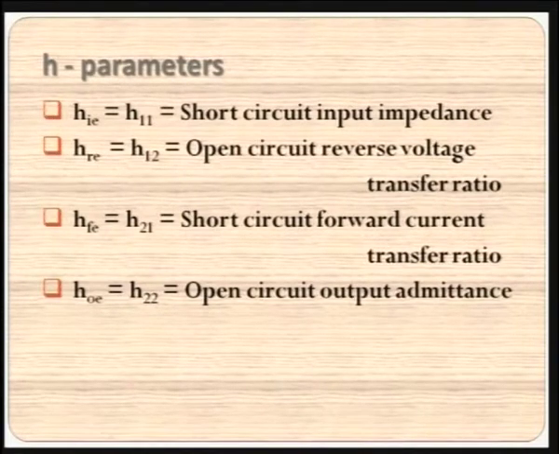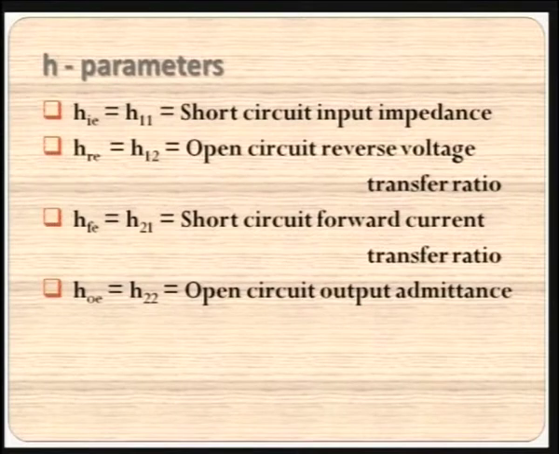HRE is equivalent to H12, which is called the open circuit reverse voltage transfer ratio, or reverse voltage gain also. HFE is equivalent to H21, the short circuit forward current transfer ratio or forward current gain. And HOE is equivalent to H22, which we saw in the previous lecture. It is called the open circuit output admittance.